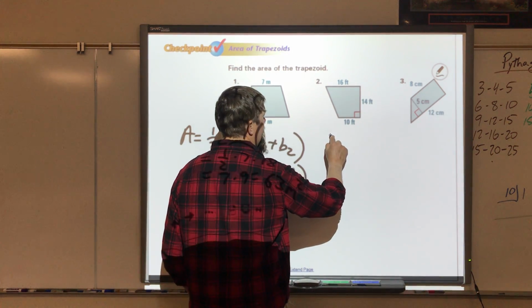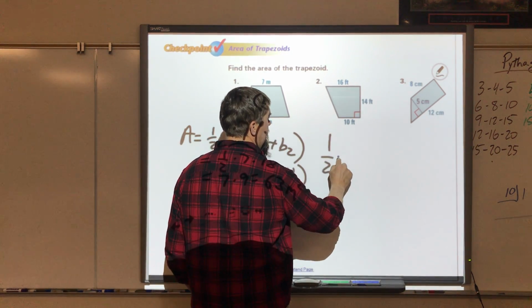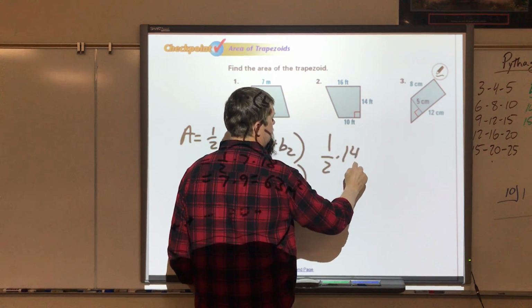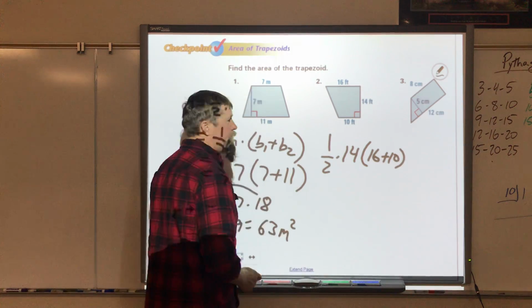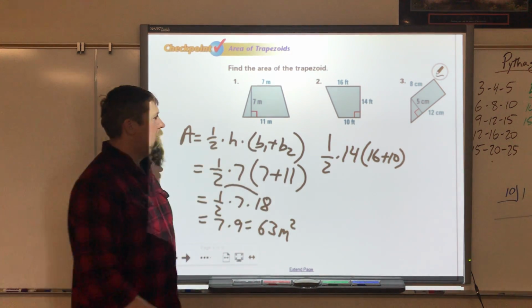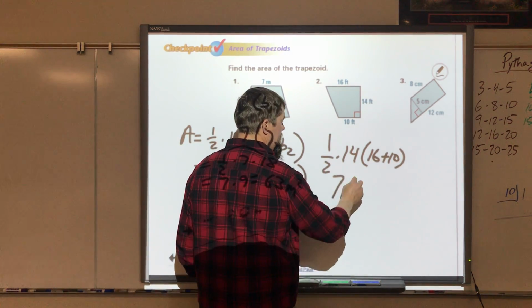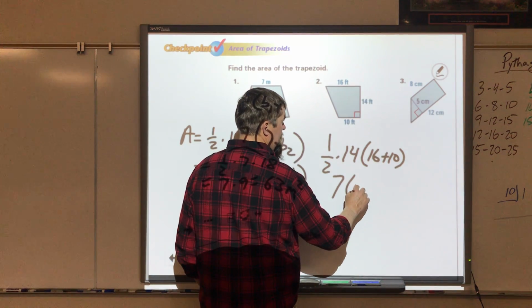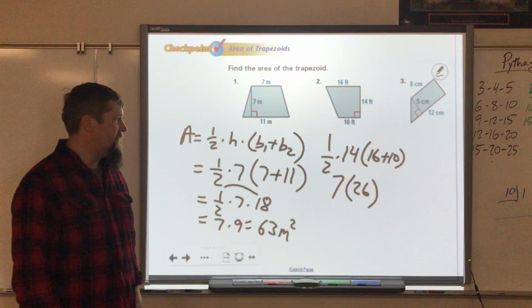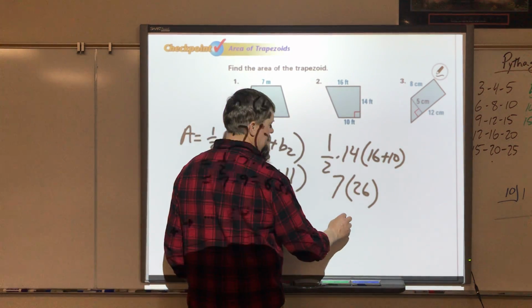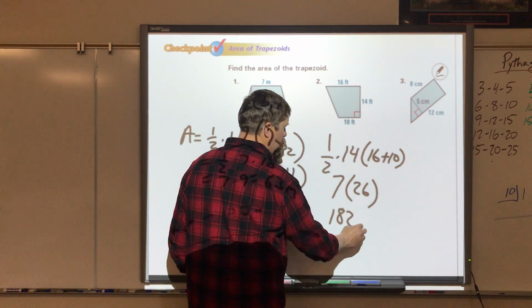The middle one, we have 1/2 times 14 times 16 plus 10. Half of 14 is 7. 16 plus 10 is 26. 7 times 26 is 182, I believe.